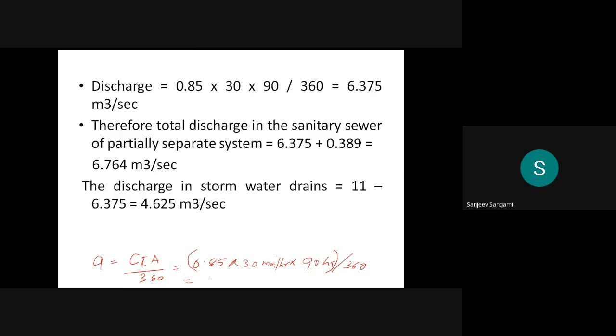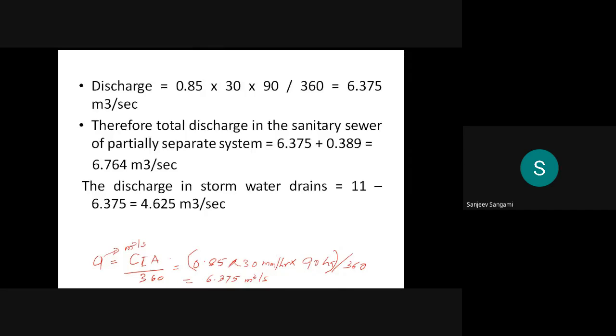So then it will be 6.375 meter cube per second. I already said that Q is always in meter cube per second.